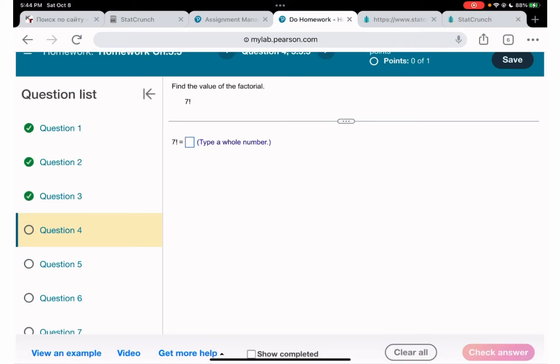Factorial 7 is going to be 7 times 6, we get 42, and then times 5, 42 times 5 we get 210, and then we multiply by 4, 210 times 4 is going to be 840, and then times 3, it's 2520, and then times 2, it's going to get 5040.